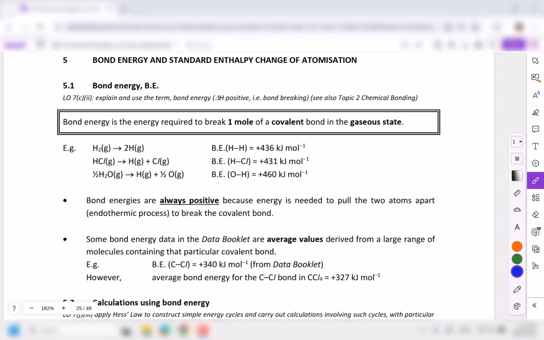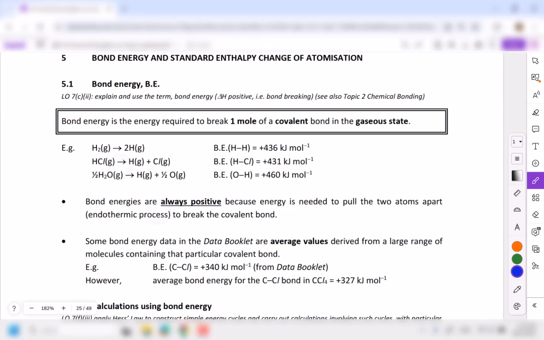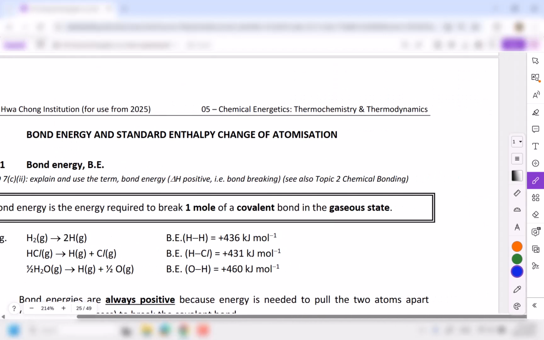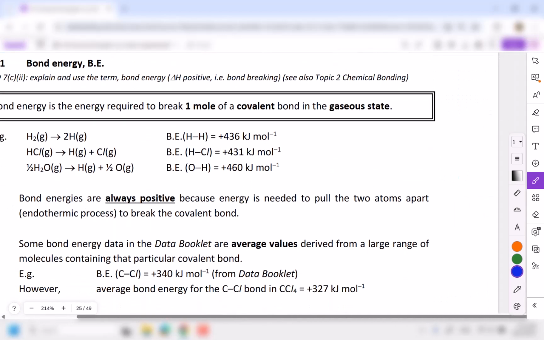So this is very specific. We are referring to homolytic bond breakage. So what is the difference? Maybe I'll highlight a little bit of the difference over here. For example, we have hydrogen gas over here. If we break the covalent bond homolytically, what's the meaning of homolytically?